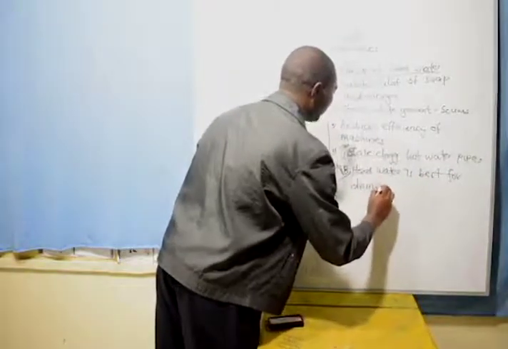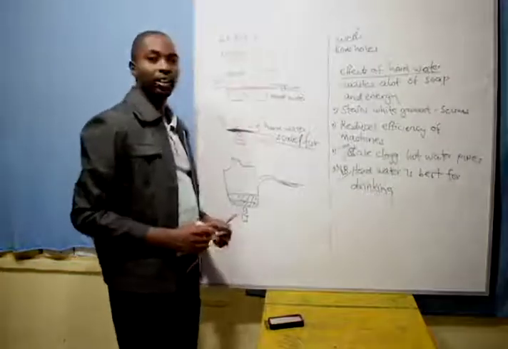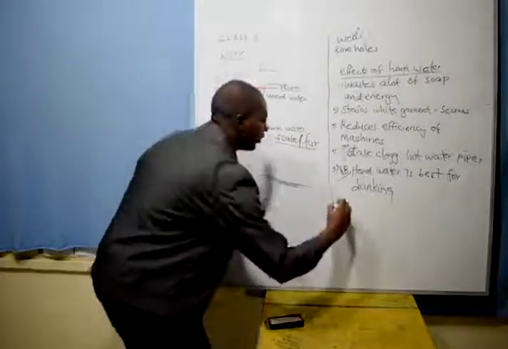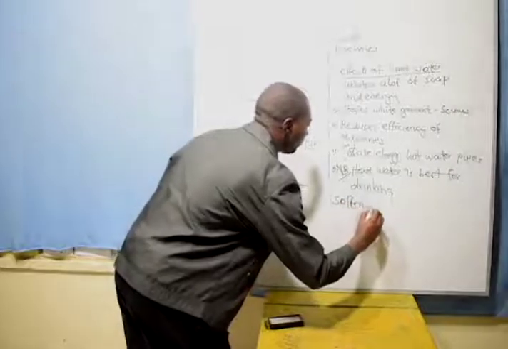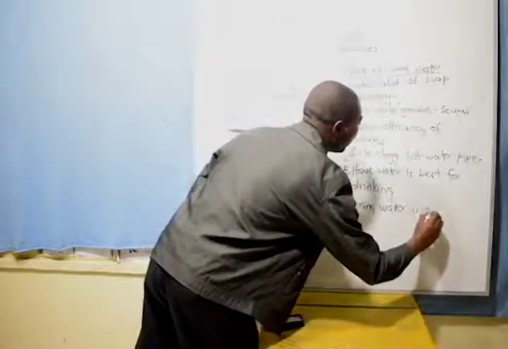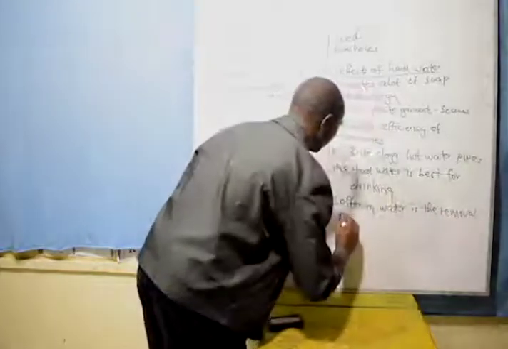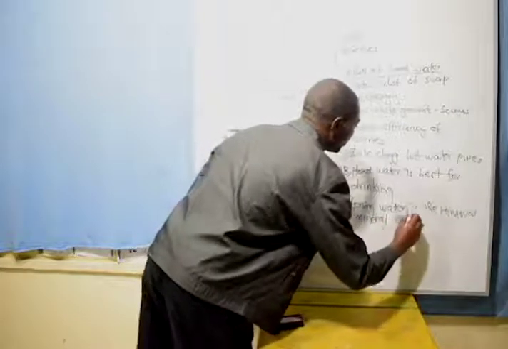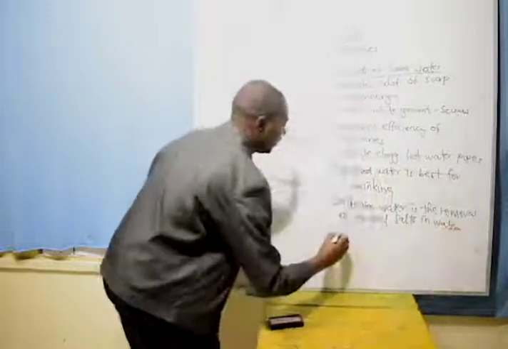Last point, if you want to treat, to eliminate these minerals in water, the process of eliminating the minerals in water is known as softening. So what is to soften water? Softening water is the removal of mineral salts in water.